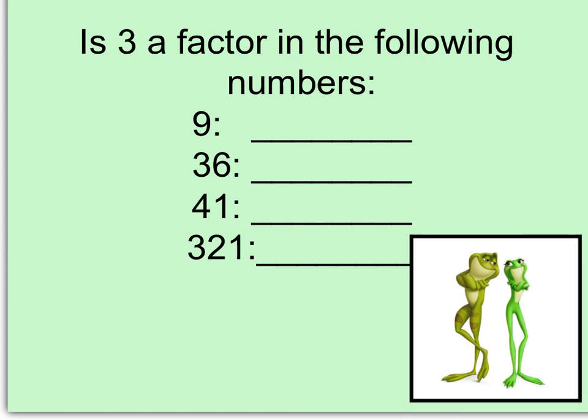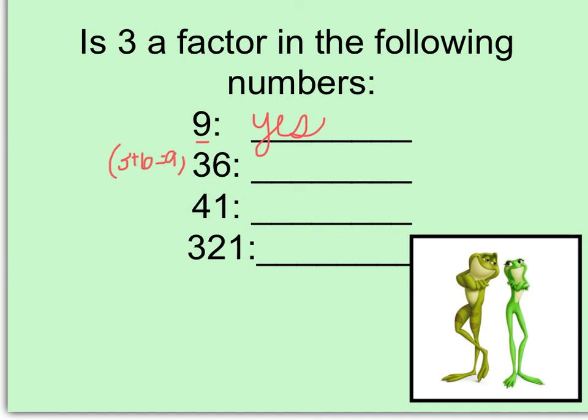For this problem, I need to think about the divisibility rule for 3 to decide if 3 is a factor in the following numbers. 9. For 9, I don't even have to add the digits together. It's just a 9. Since 9 is divisible by 3, 3 is a factor of 9. For 36, I think in my head, 3 plus 6 is 9.